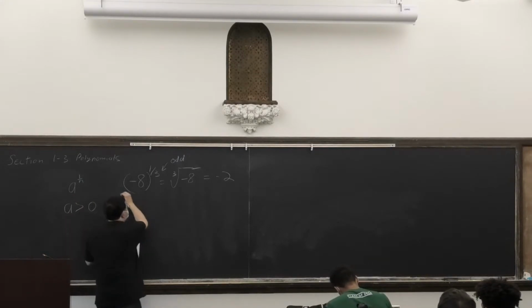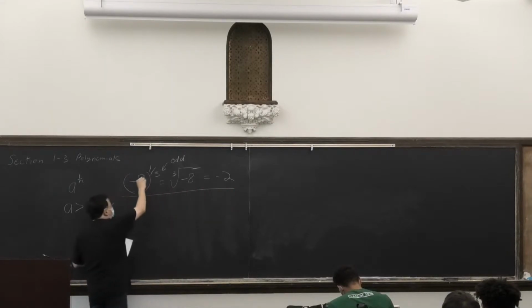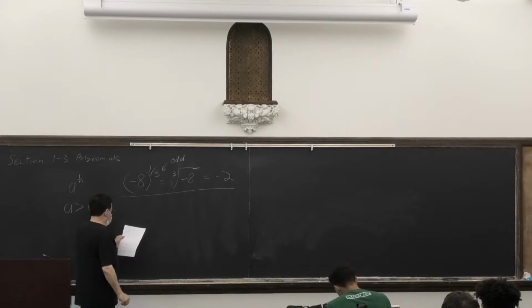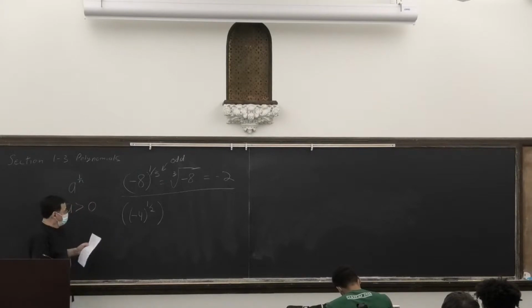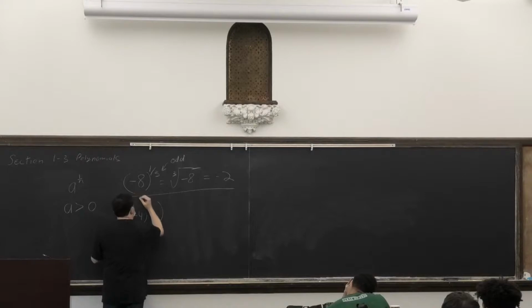Now, before we go into how to deal with this for an even root, I just want to show you something that you need to look at. (-4) squared to the 1/2.